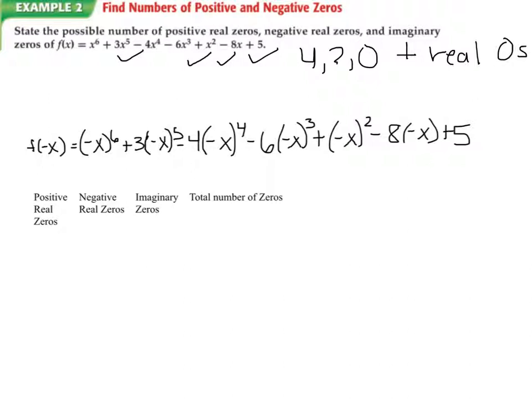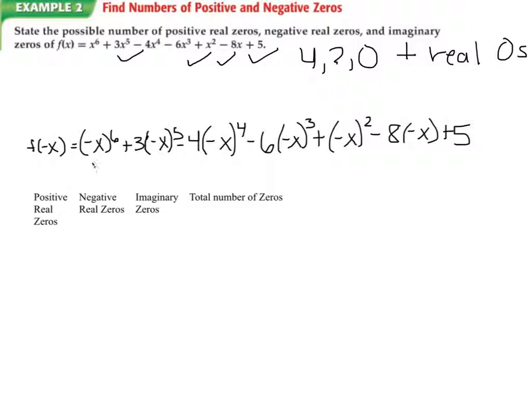Next thing we want to do is count the number of changes in sign for the coefficients of f of negative x. So all I've done here is gone through and plugged in negative x for each of the x values. And then we want to go ahead and rewrite this to see what that actually means.